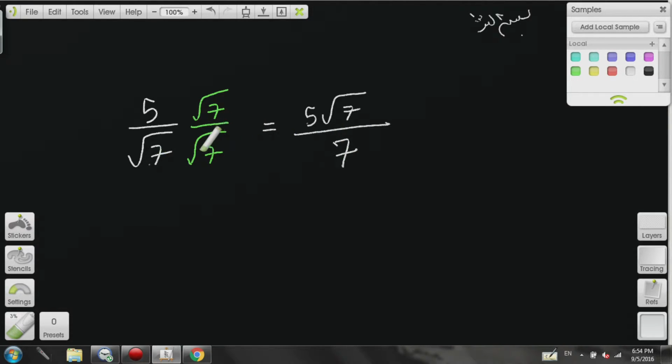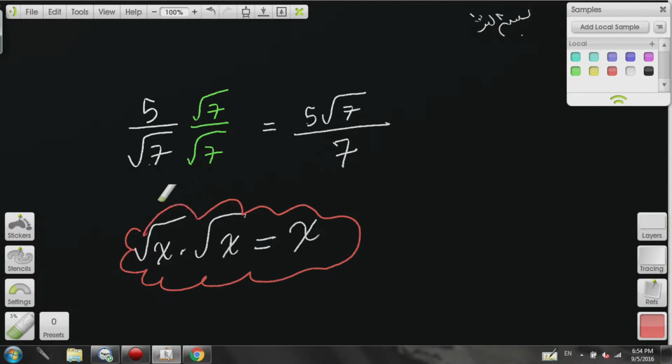That's how you're getting rid of it. The square root of x times the square root of x is x. This you have to know, because 7 times 7 is 49, and the square root of 49 is 7. That's how you're getting rid of the radical. So now you don't have any radicals in the denominator.